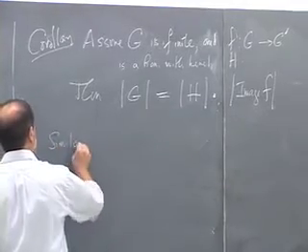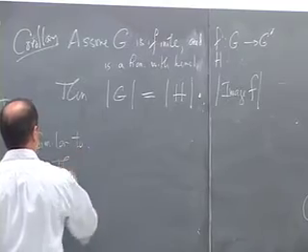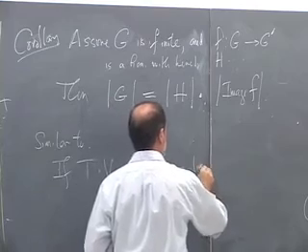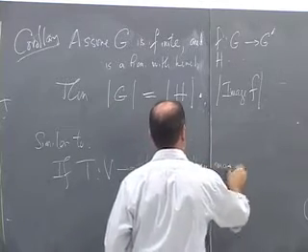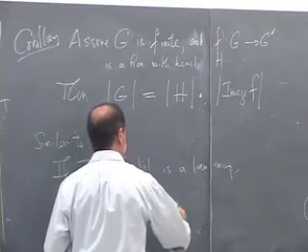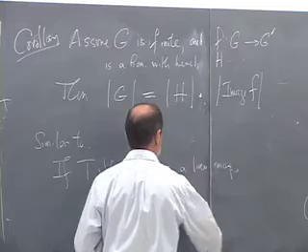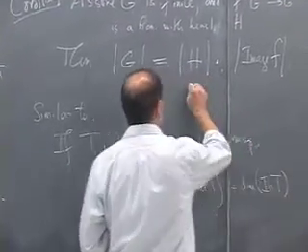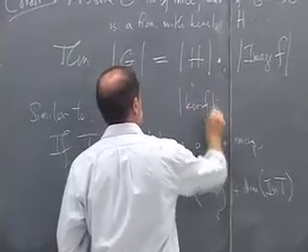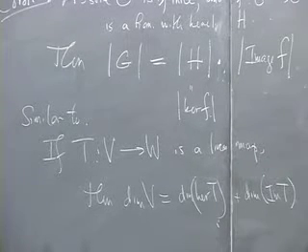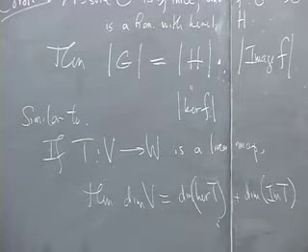Similar to if T from V to W is a linear map, then the dimension of V is the dimension of the kernel of T plus the dimension of the image of T. Okay, big theorem.